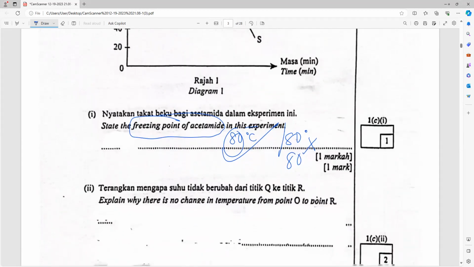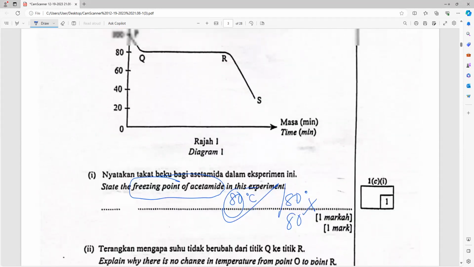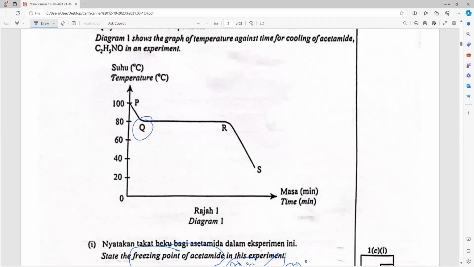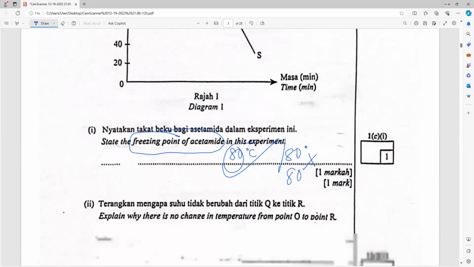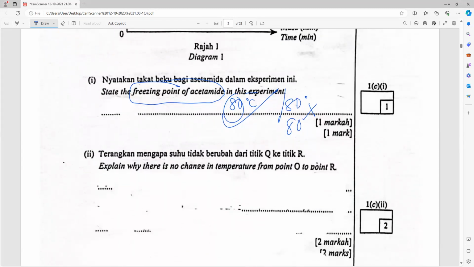Okay, why is there no temperature change from point Q to point R? Okay, this one is just hafal, whether you memorized it or not. So what's my first reason? Wrong. Tanisa, the heat absorbed one is when the graph is going up. The heat released. So the answer is actually heat loss to the surrounding. That's my first mark.